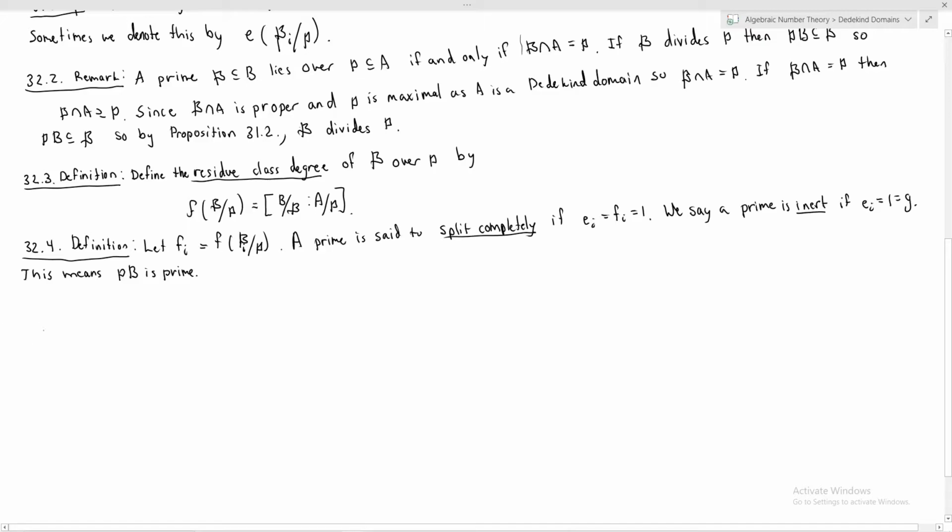And the main theorem, so let me go ahead and state the theorem, which is called the EFG theorem.